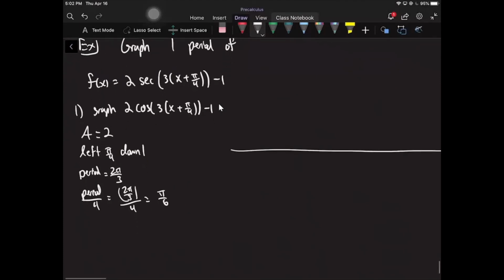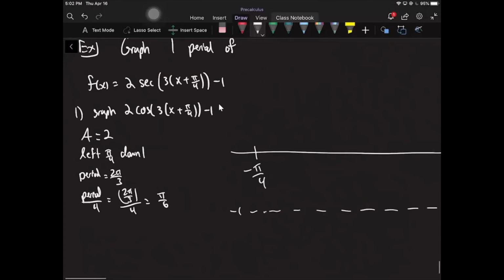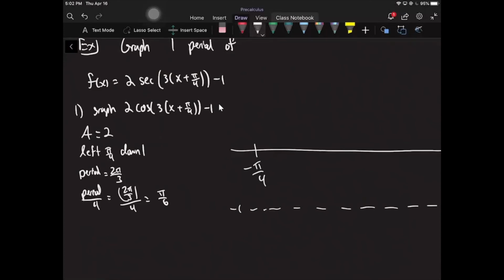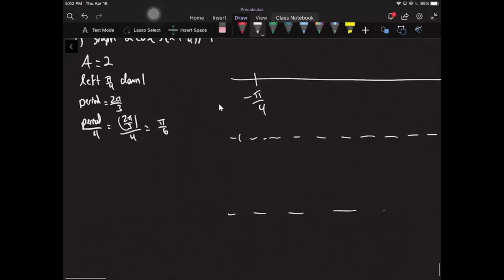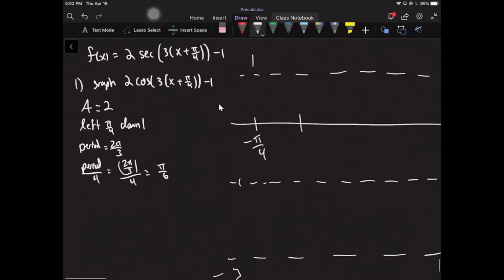Draw the x-axis, draw the shift. So negative pi over 4, down to negative 1. That's going to be the middle. Go up and down the amplitude. So I'm going to go up 2 to take me to 1, and then I'm going to go down 2 to take me to negative 3. And then my next 4 tick marks are going to come from using this pi over 6.